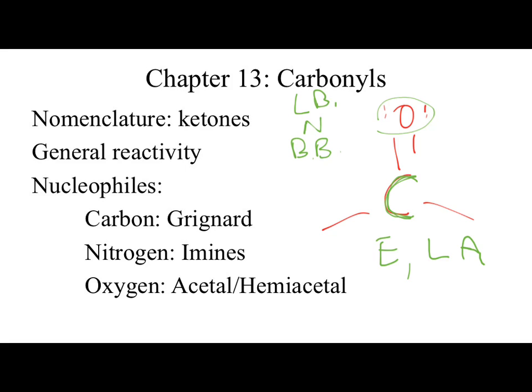So what we can do is look at the reactivity of nucleophiles with our carbonyl. Okay, so there were three types of nucleophiles. We could have our carbon nucleophile, nitrogens, or oxygens. If we had a carbon nucleophile, we're looking at Grignards. Nitrogen is the imine, which we'll look at in a second, and oxygen are your acetals and hemiacetals.